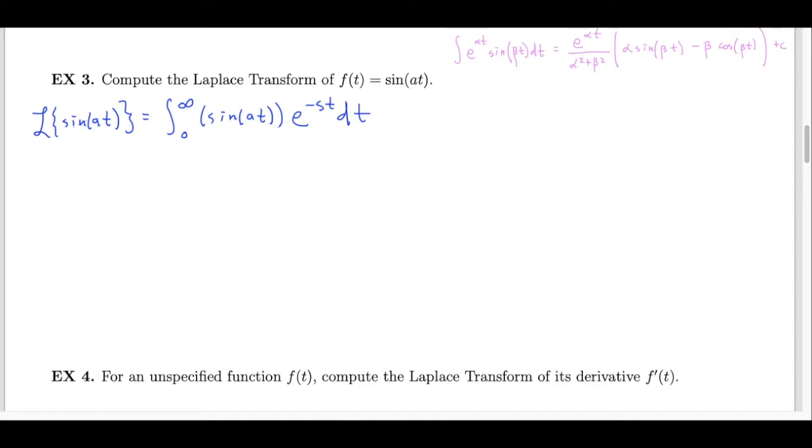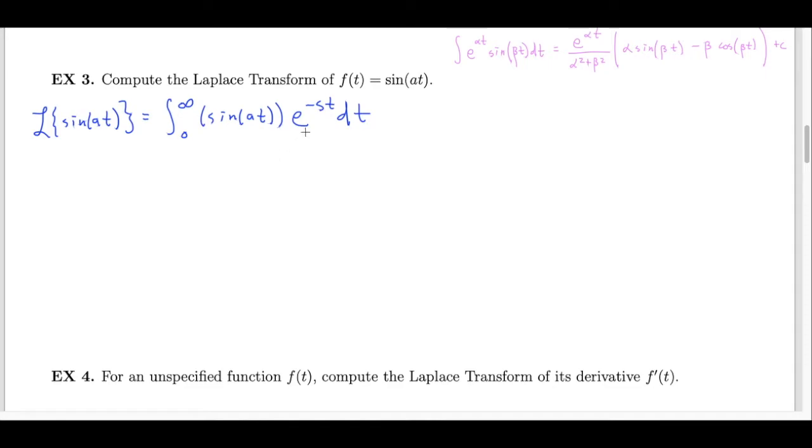I've taken this formula from a reference from an old calc book, and I've written it up here in the corner. It's probably hard to see in the video, so you might want to take a look at it in the completed notes. But I can apply that formula here. It's in terms of e to the alpha t sine of beta t.